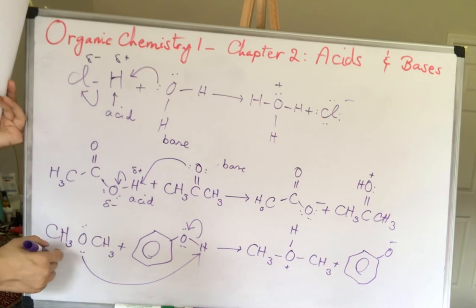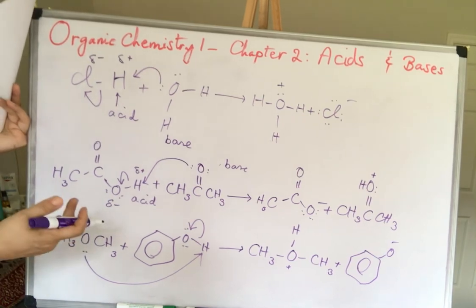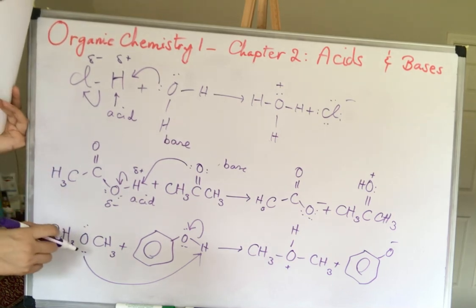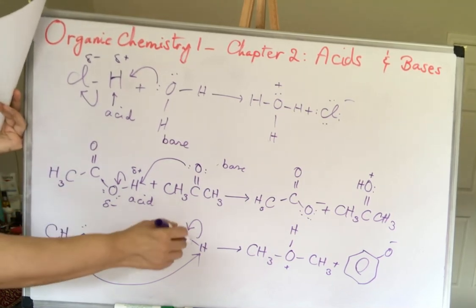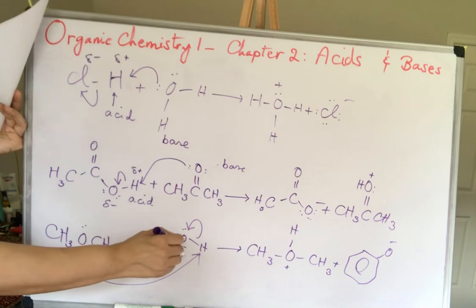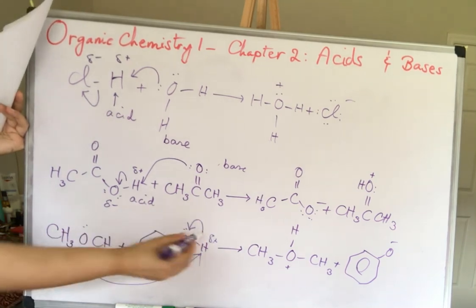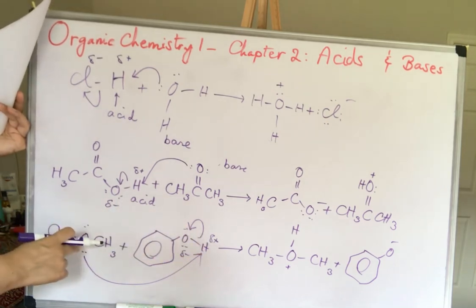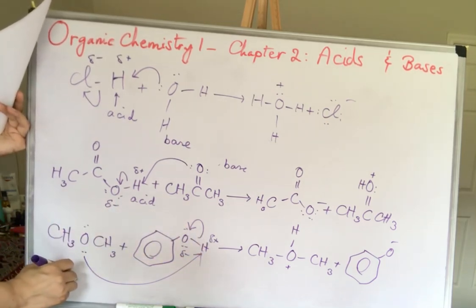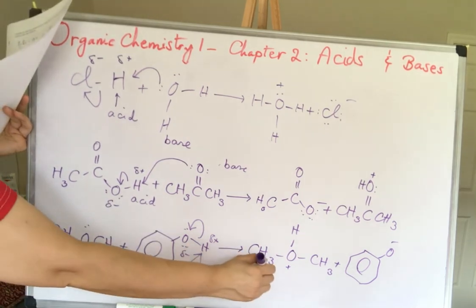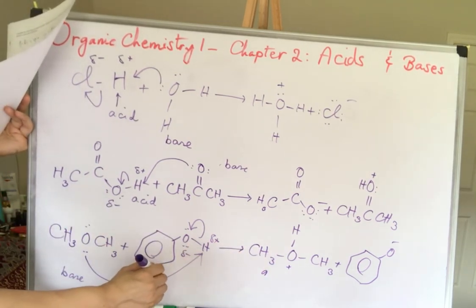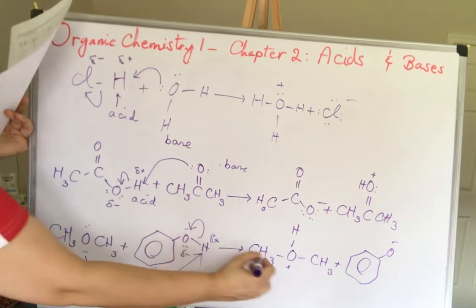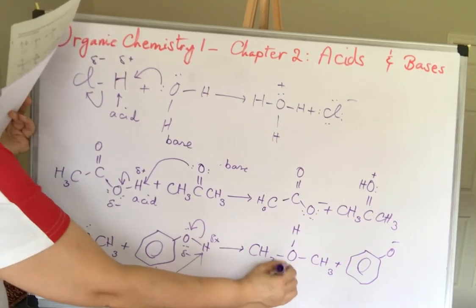So which one is acid, which one is base? You can work on both Lewis and Bronsted theory. So it seems like this is partially negative, partially positive, hydrogen donor, hydrogen acceptor. So we have base, we have acid, and based on Bronsted theory, this is going to be the acid, this is going to be the base.